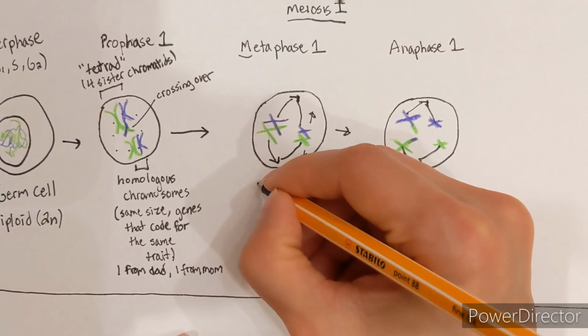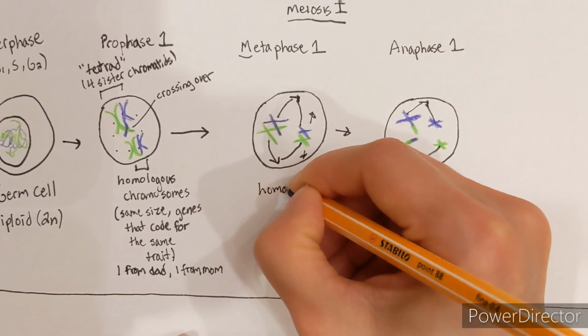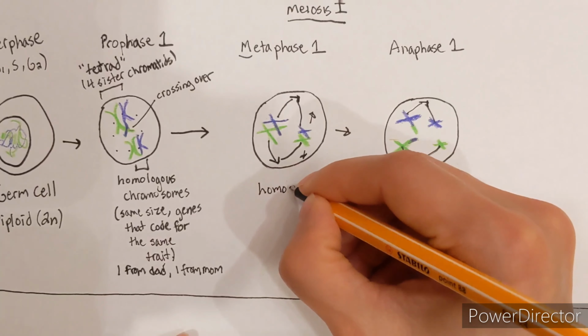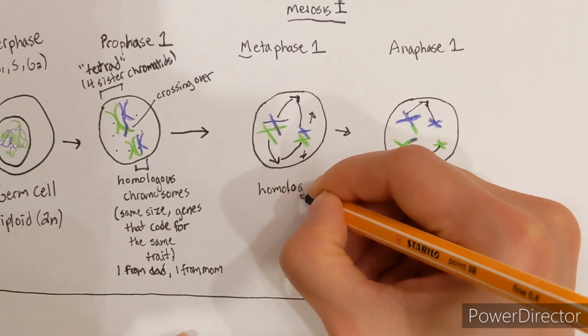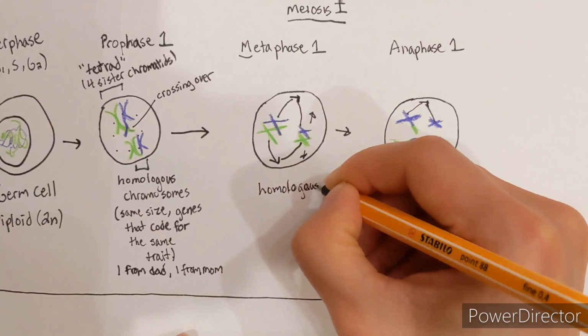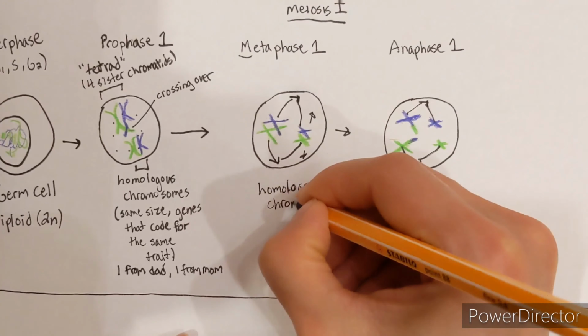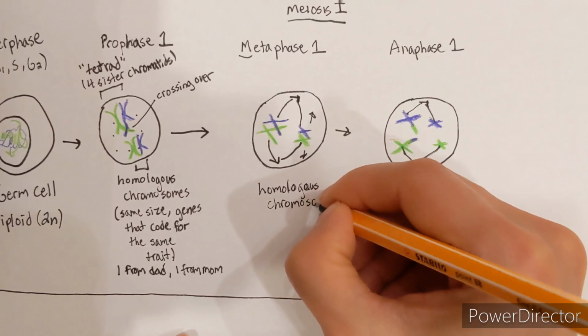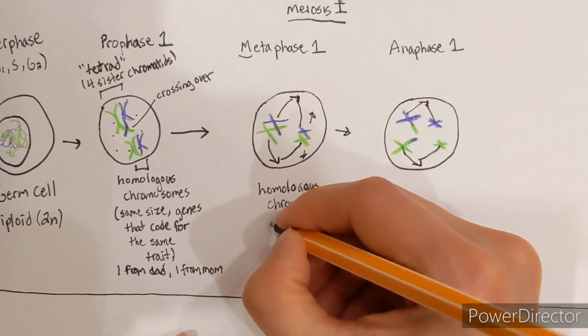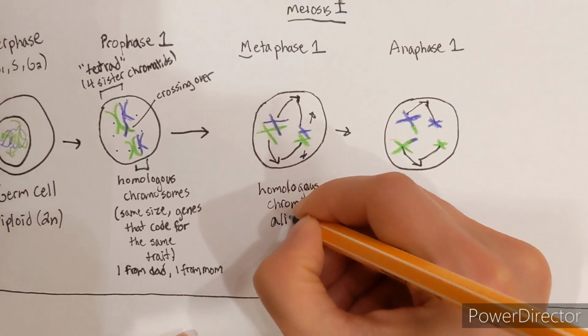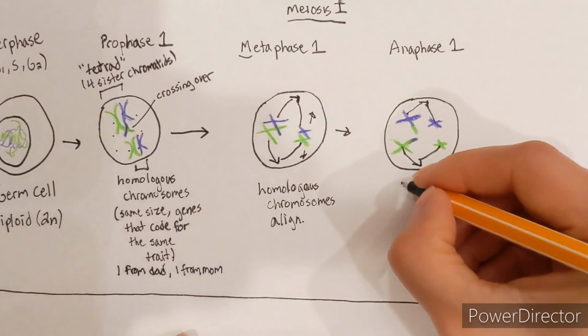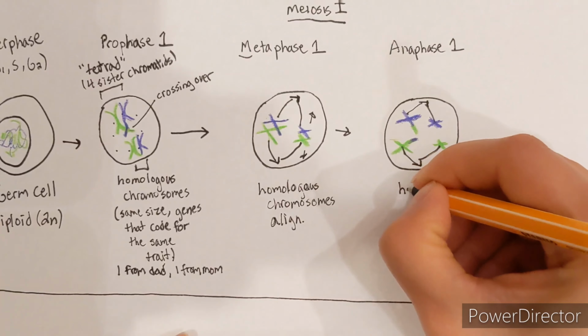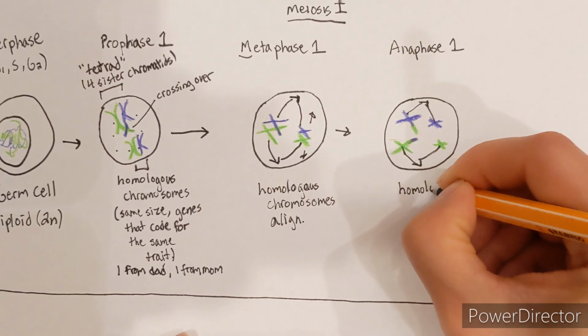We're going to say this is homologous chromosomes. Homologous. And this is going to be homologous chromosomes are separated.